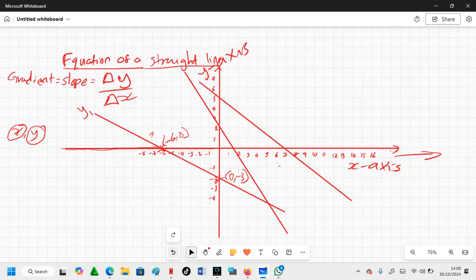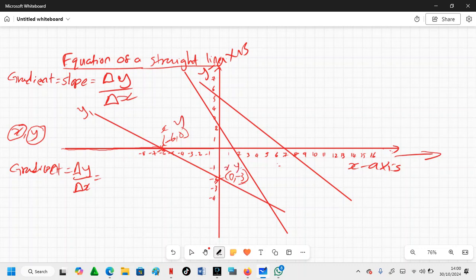All right. Now, to get the gradient, you're going to simply get the change in y over the change in x. That means you're going to subtract the y's and then subtract the x's. This one is x, this one is y, this one is x, this one is y.